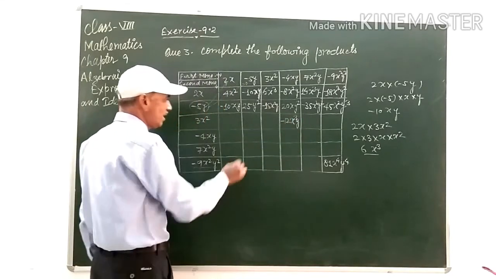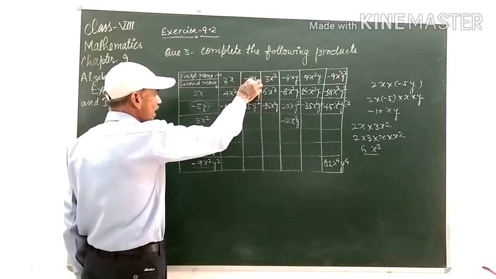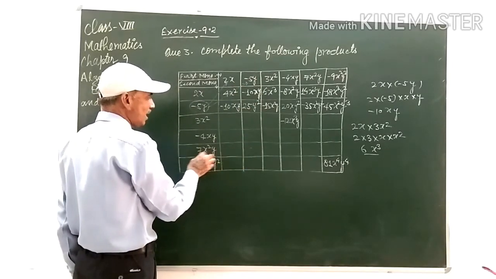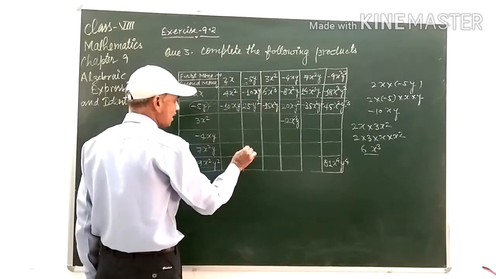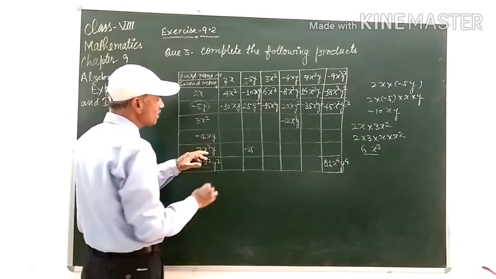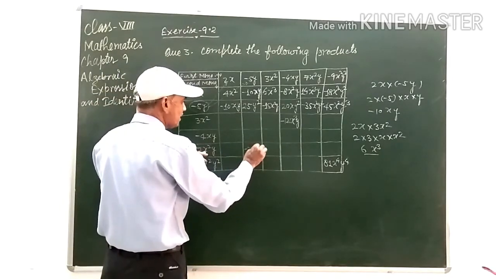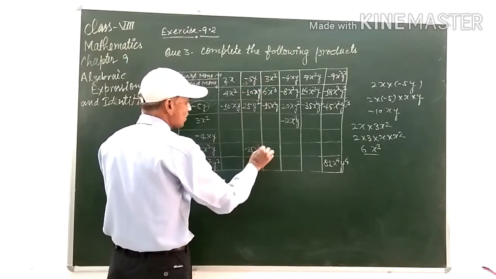Okay, students? And in this column, if you are going to write this minus 5 into 7x square y, so minus 5 into 7 minus 35, x square and y here and y here, that is y square.